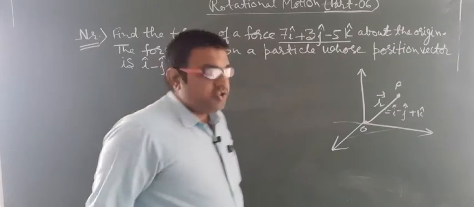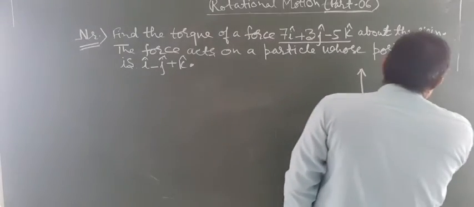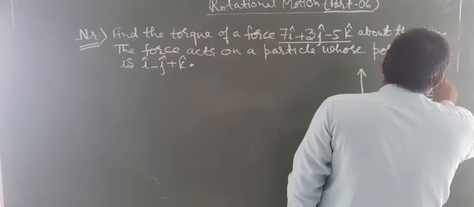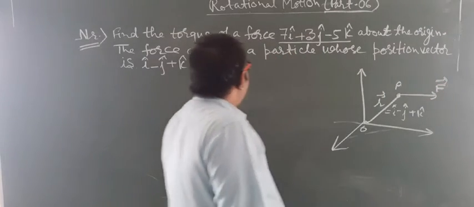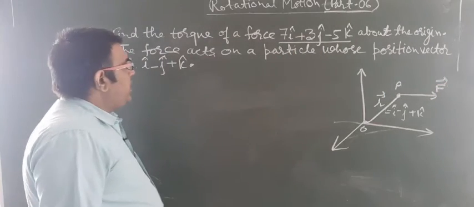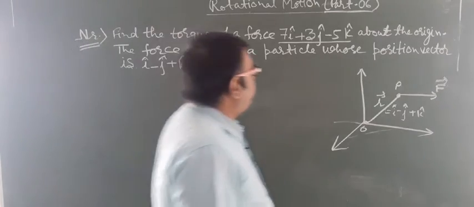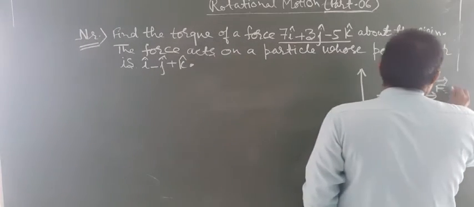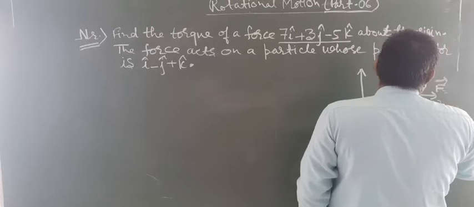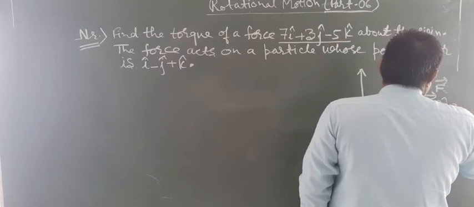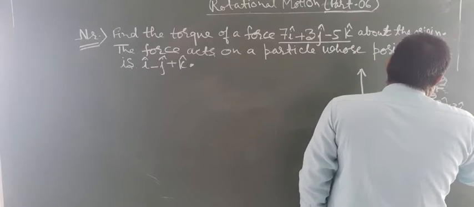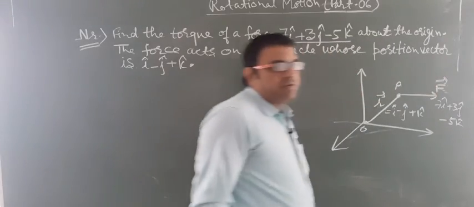It is given in the question. And a force acts on this particle at point P, and the force is given by 7 i cap plus 3 j cap minus 5 k cap. This is the force.